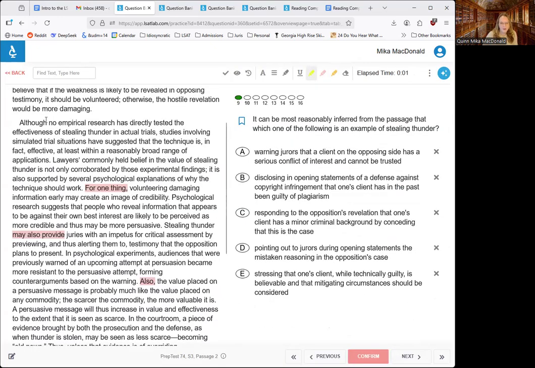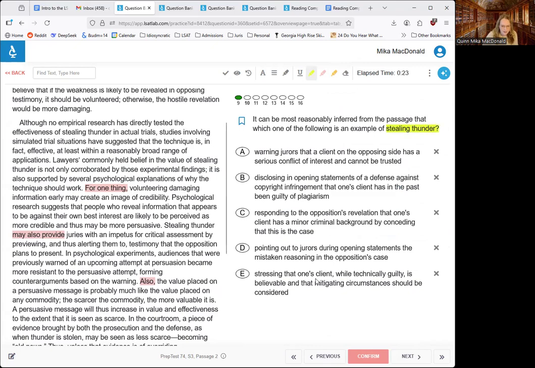All right, so now we have what we would call just an application question, right? Which of these is a good example of stealing thunder? We want to pause in a question like this because they gave us a very clear definition of what stealing thunder is.